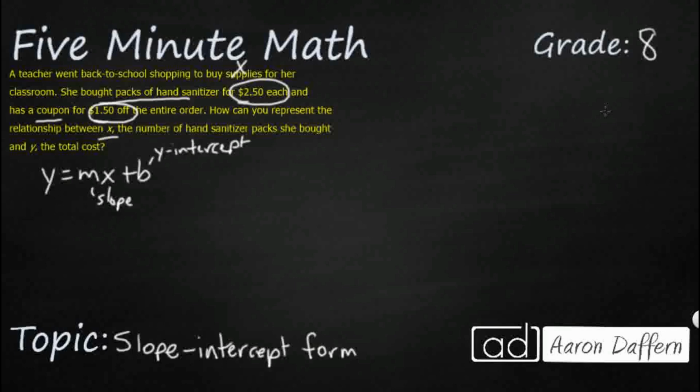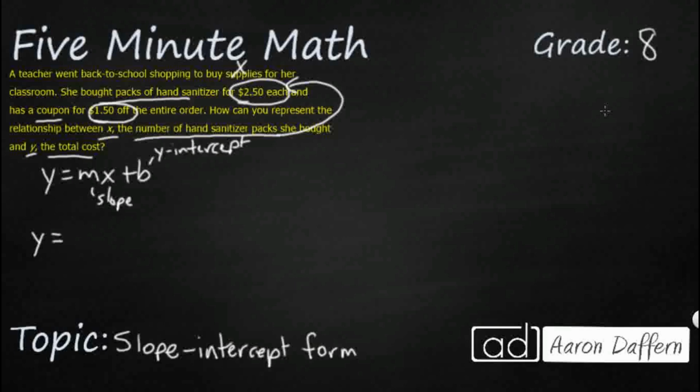And so let's see if we can first write this as an equation. We know y is the total cost, so that makes sense. We want to solve for the total cost here. Now, the slope is also going to be our coefficient right here. So what are we multiplying this x by? x is the number of hand sanitizer packs, and each pack costs $2.50.